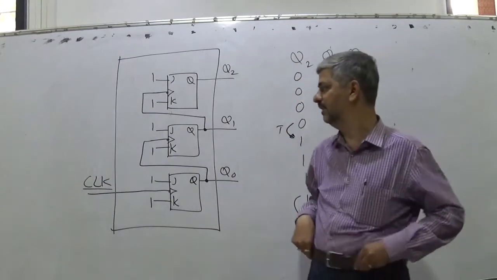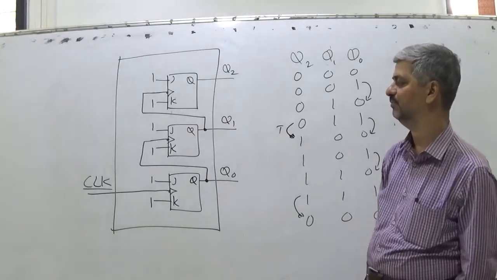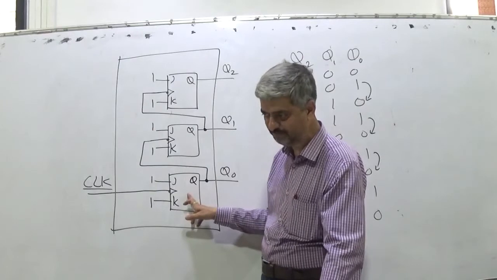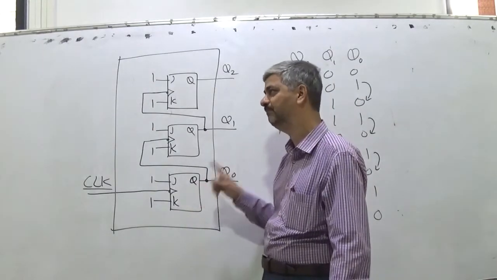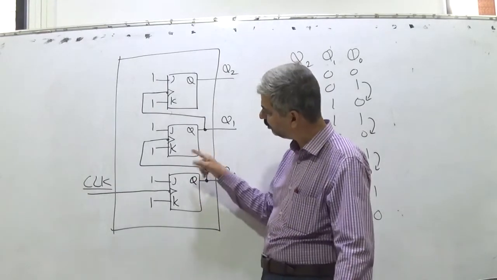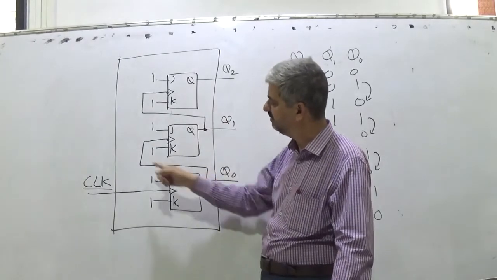So in asynchronous counters, the clock is connected to only one flip-flop, the least significant bit flip-flop, and the clocks to other flip-flops are taken from the previous output.